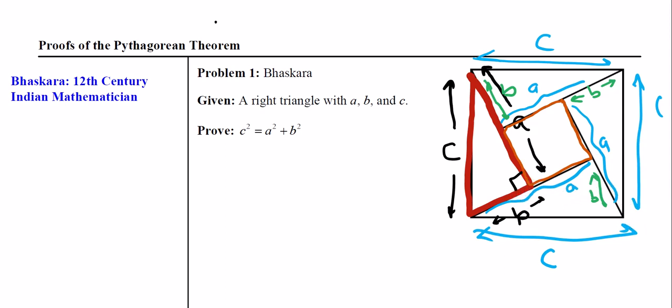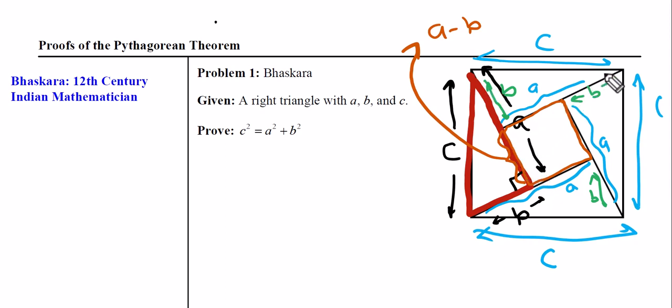However, if this whole length is A, and this amount is B, we could express this entire side as A minus B. You might want to pause the video to make sure that makes sense, and you might want to redraw this yourself to see how that works out. But I'm proposing to you that A minus B is this length right here.